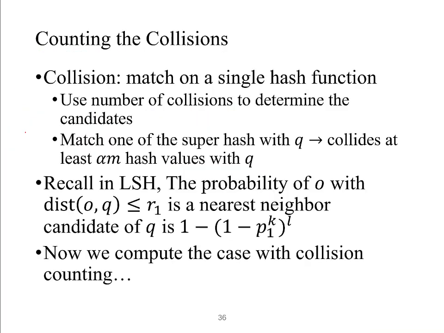Now let's look at the idea of the algorithm. As I have mentioned before, the idea is to count the collisions, where a collision is a match on a single hash function, which in LSH is h_ij, and in C2LSH becomes h_i, because there is no L and no grouping.